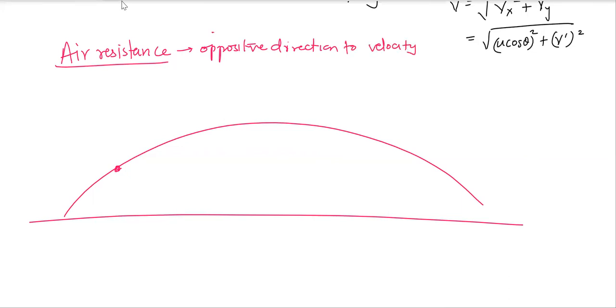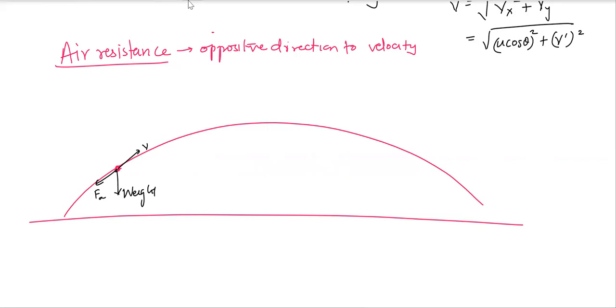If I draw the forces acting on this projectile, if the projectile is moving in this direction, the forces will be the weight of the projectile, and the air resistance will be in the opposite direction. So air resistance itself will have two components.